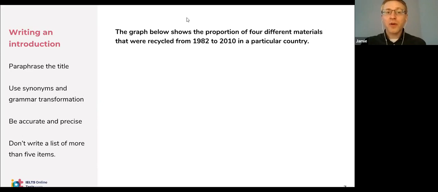The graph below shows the proportion of 4 different materials that were recycled from 1982 to 2010 in a particular country. Would you like to try, in the comments, to paraphrase the title of this chart in your own words? You can say the chart below, the graph below, what?